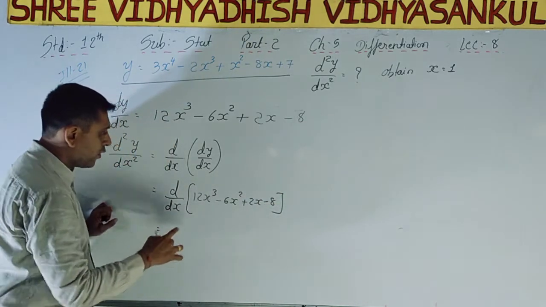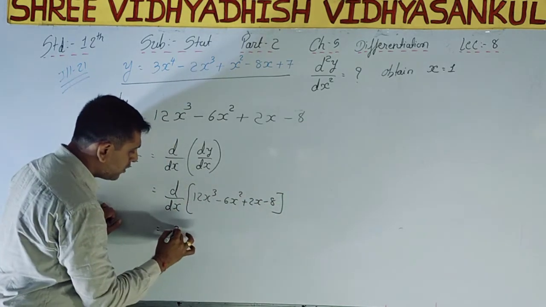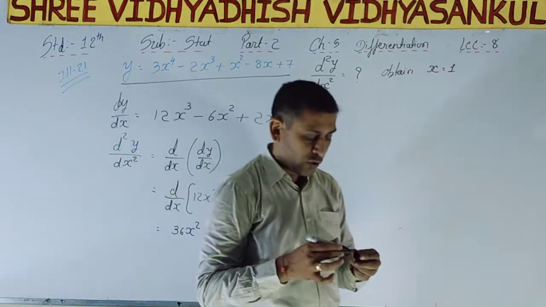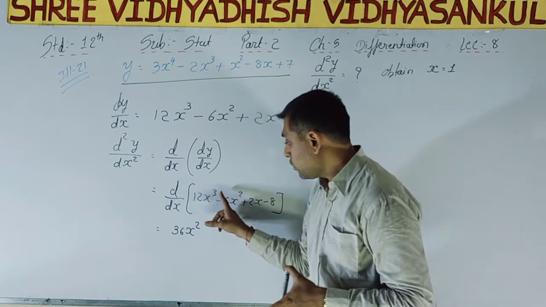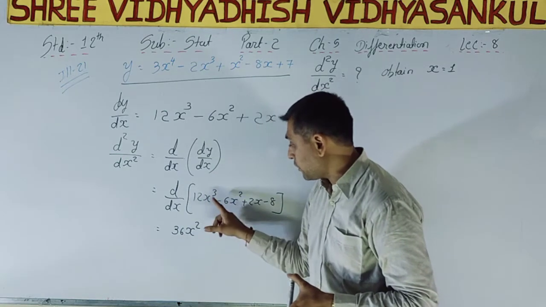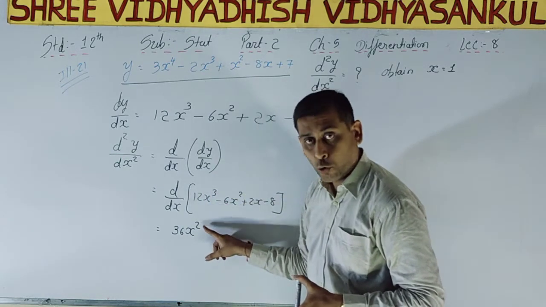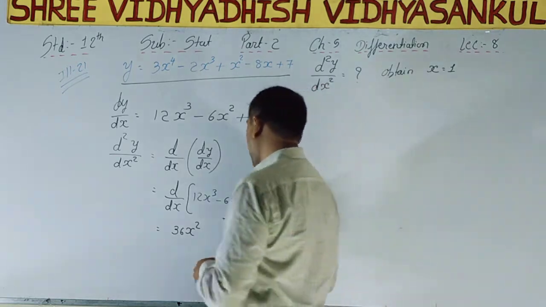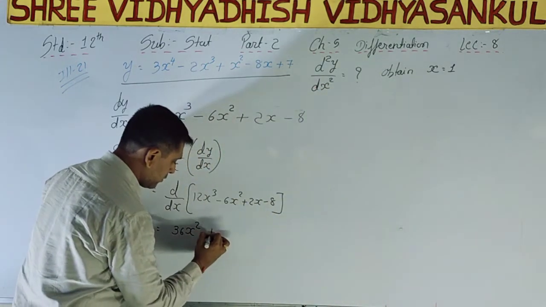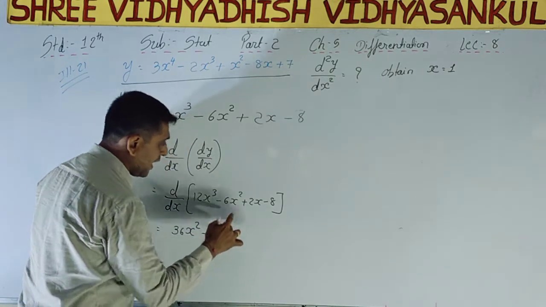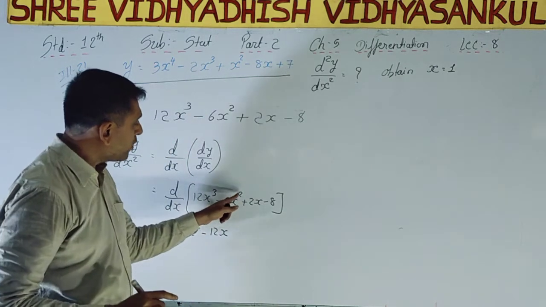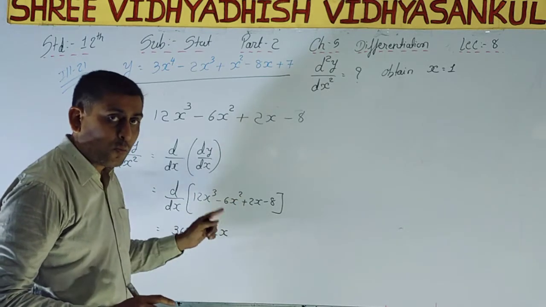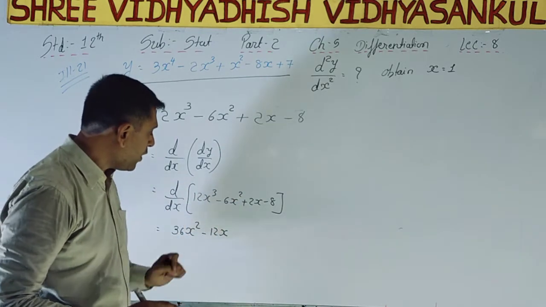And what is the differentiation? 12 3s are 36x square. Here 3 is multiplied with 12, so 12 3s are 36, x raised to 3 minus 1, that is 2. Minus 6 2s are 12, only x, because x raised to 2 minus 1 is x to the 1, and we don't have to write the 1 here.